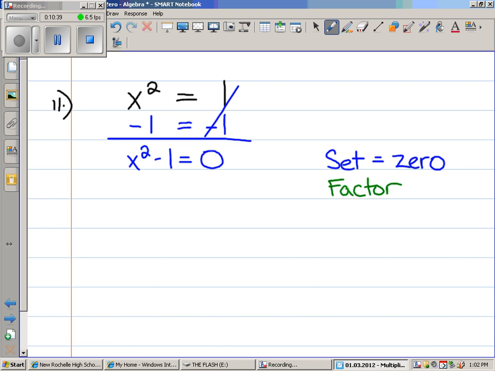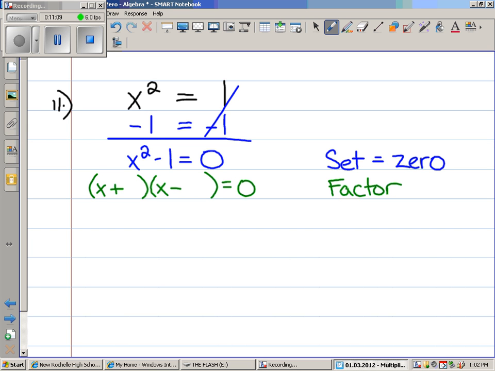What does that stand for? Difference of two squares. When it's the difference of two squares, there's always a pattern to factoring. You put your x and your x, one plus and one minus. And then what do you think is going to go in that last spot?